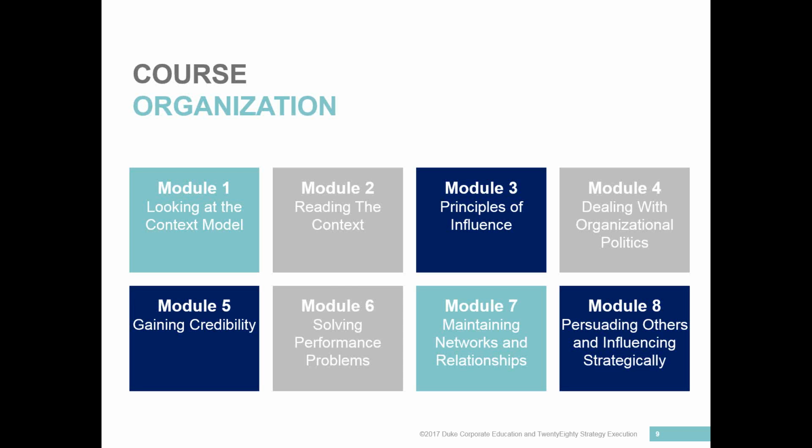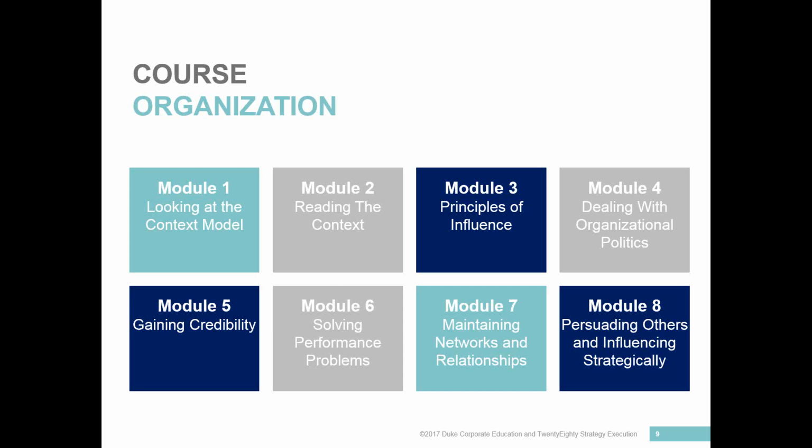That lays out across the 8 modules, where modules 1 and 2 are about the reading of context, and there is a context model with 5 elements. The 5 elements are personal behavior, relationships, networks, organization, and the environment in which they are operating. In module 1, they'll be taking a look at that model, and in module 2, they will be applying the model to different contexts.